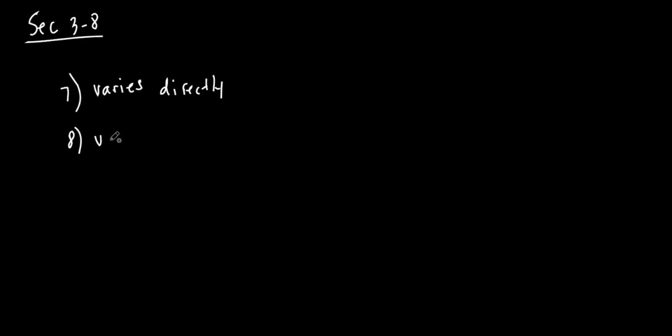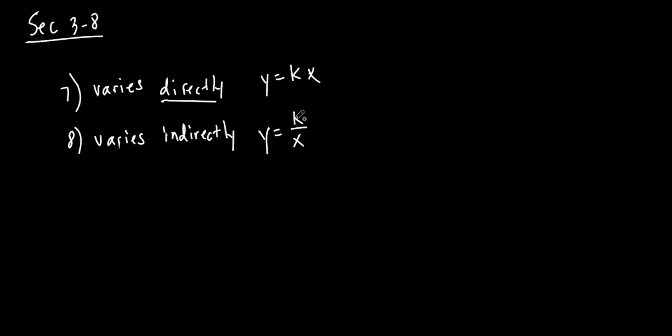And what do you think the next one is? Yeah, varies indirectly. So if it varies directly, what's it going to look like? Y equals K times X. And if it varies indirectly, Y equals K over X.